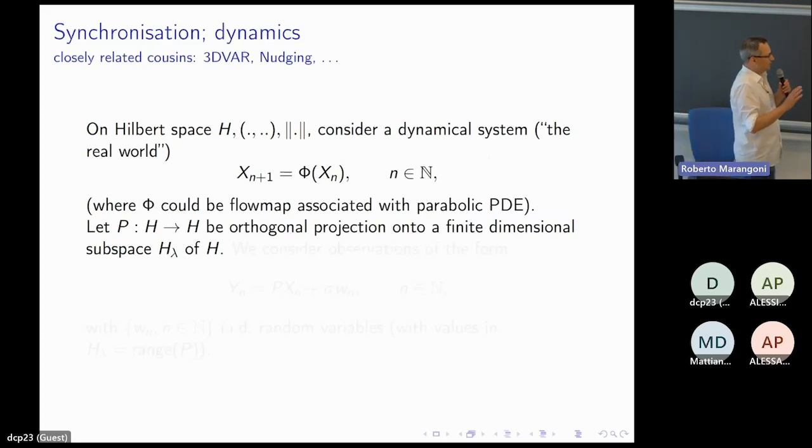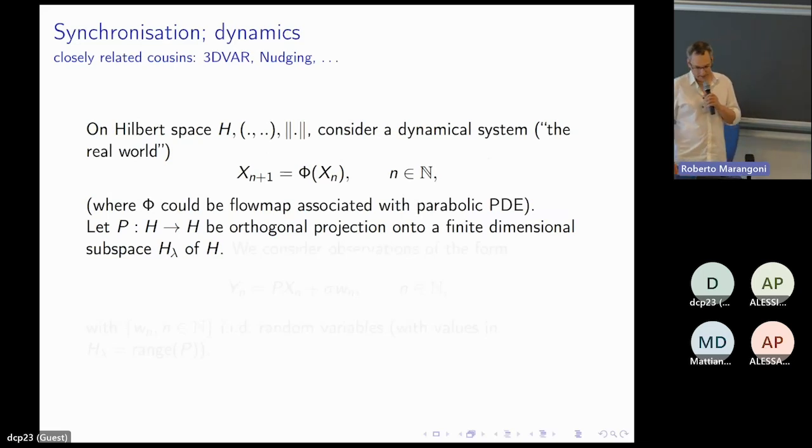But let's look at the situation. So I have a Hilbert space, and on that Hilbert space I have a dynamical system. I write this here in discrete time. And there's no stochasticity actually in the dynamical system except for the initial condition. So this is a deterministic system, and all randomness, or all our ignorance, comes from the fact that we do not know the initial condition.